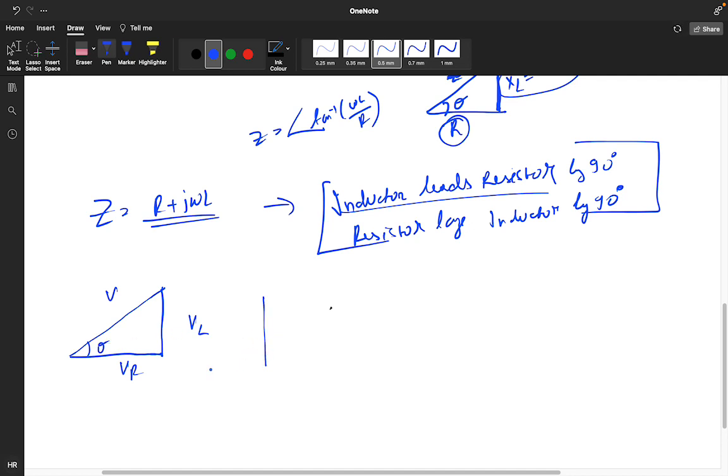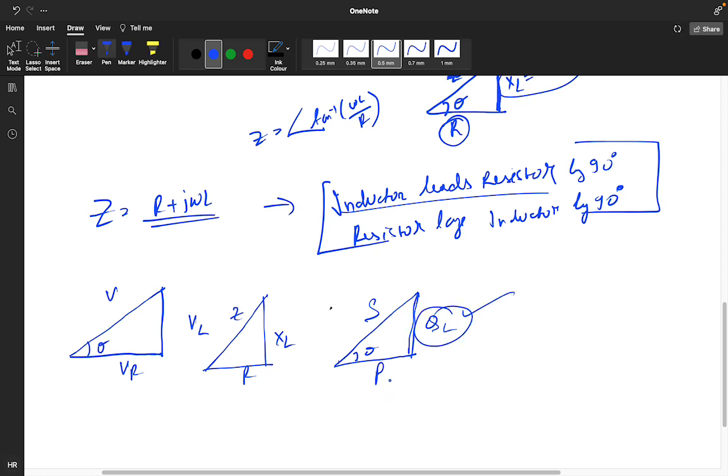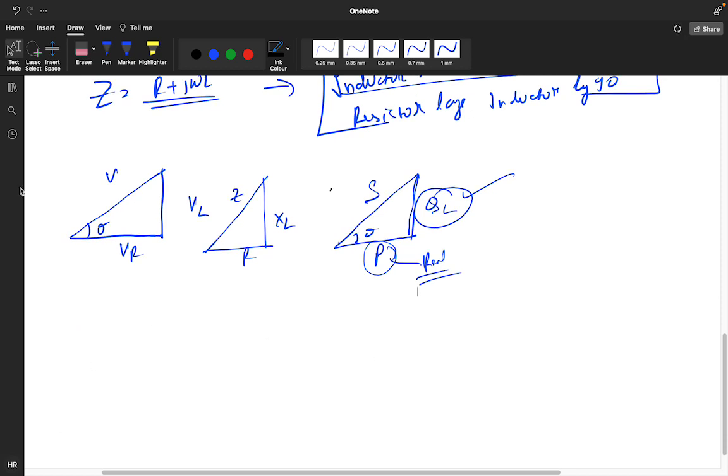This is XL, this is your R, and Z is coming. And this is your S, this is your theta, this is QL, this is P. This particular thing represents your reactive power and this is your real power. How so? I will tell you.